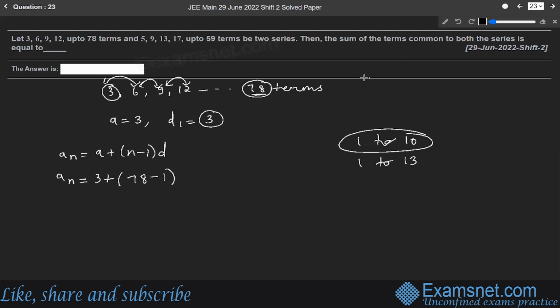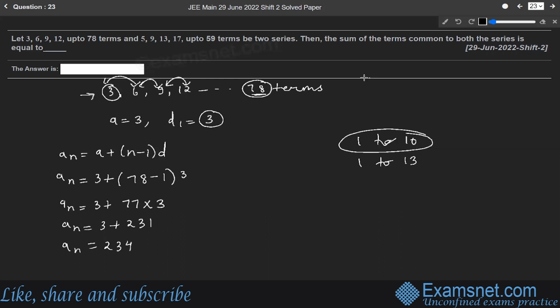What is the common difference in this series? It is 3. So an will be equal to 3 plus 78 minus 1 is 77 into 3. So an will be equal to 3 plus 77 into 3, which is 231 plus 3, that is 234. It means that the last term for this series is 234.